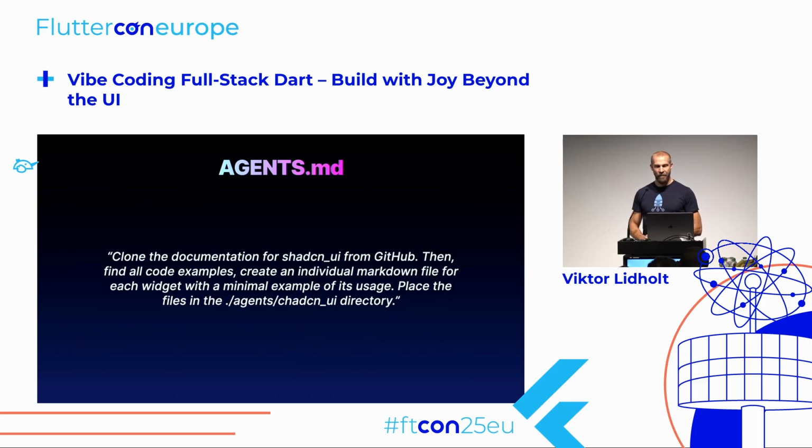I asked it to clone the documentation for ShadCN UI from GitHub, then find all code examples, create an individual markdown file for each widget with a minimal example of its usage, and then place it into the .agents ShadCN UI directory. And then I can just reference that from the agents file, so it knows where to find this, and tell it to look at the specific components, and always look there before it starts using any material design widgets. Otherwise, it will be super happy to just mix everything up.